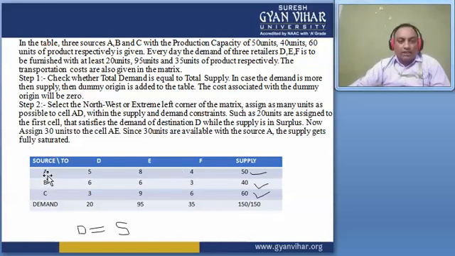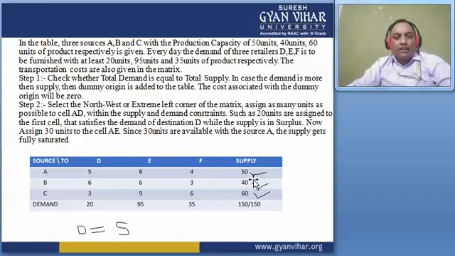Suppose for source A the cost is 5, here is 6, for B it is 6, for C it is 3, similarly in the case of E and F also. Then the demand is 20, 95 and 35, and supply is 50, 40, 60. Total demand and supply are equal: 150 and 150.